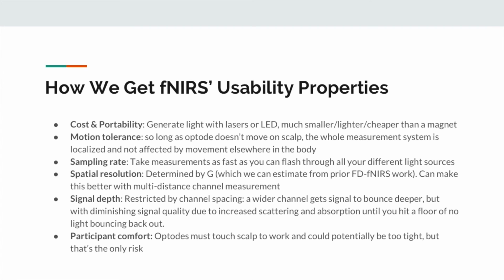We can make this better by doing what's called multi-channel measurement, and that's where you have the standard 3 centimeter channel spacing. That'll get about 1.5 centimeters into the cortex. You can make another one that's a little bit longer or a little bit shorter. If it's a little bit longer, the signal penetration will be a little bit deeper. A little bit shorter, it'll be a little bit shallower.